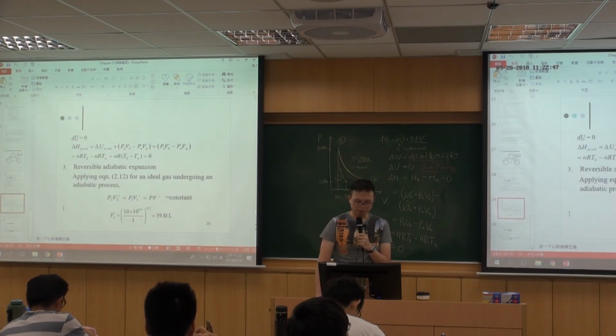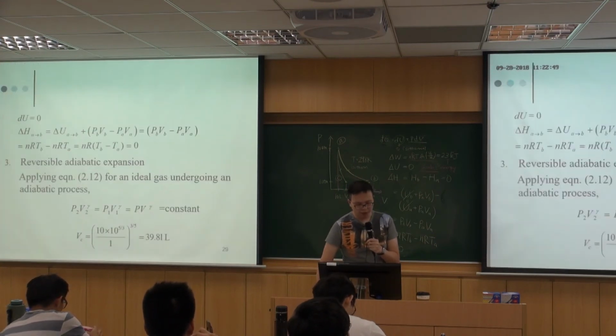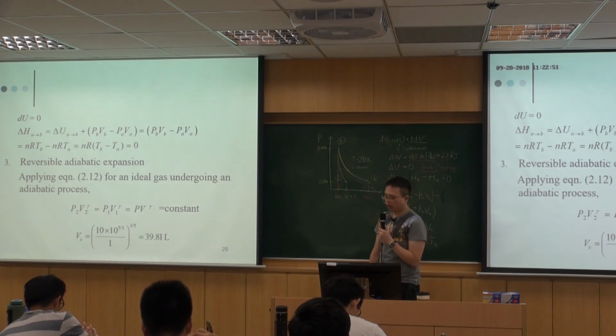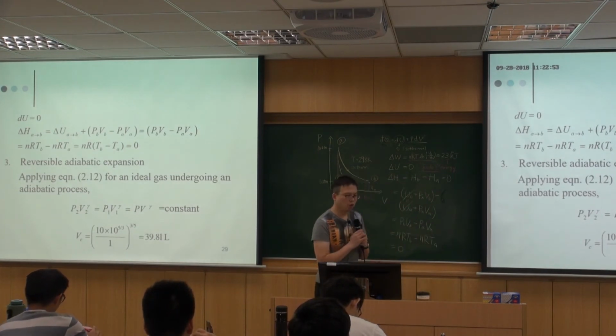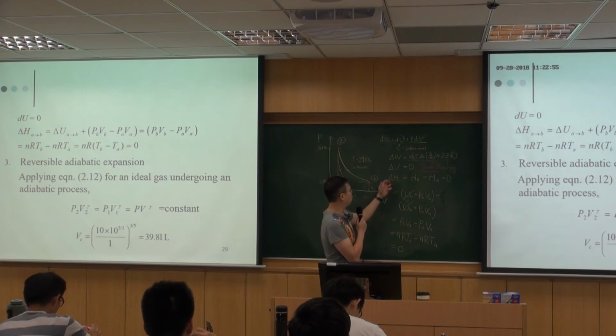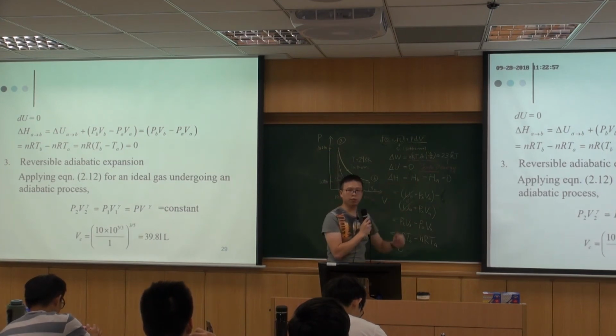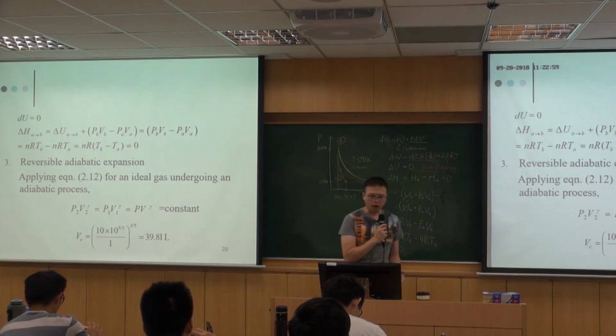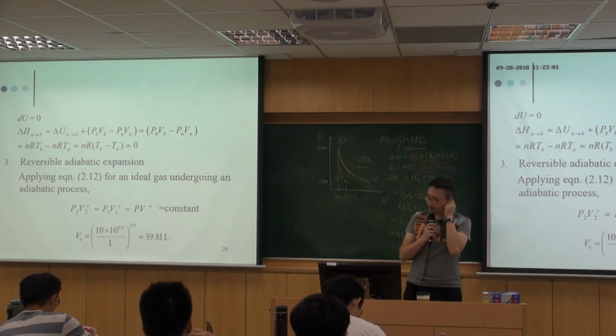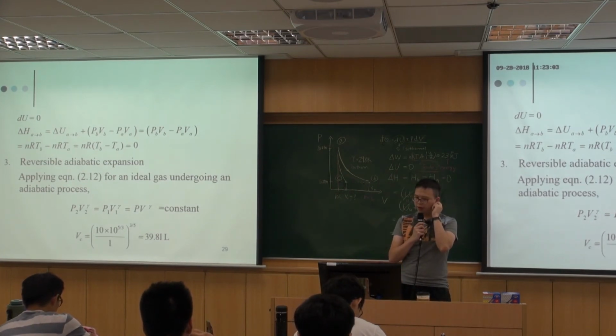So in this case, like we just saw, the reversible isothermal process also gives us no change in enthalpy. Some students stopped by earlier and asked about the enthalpy calculation.